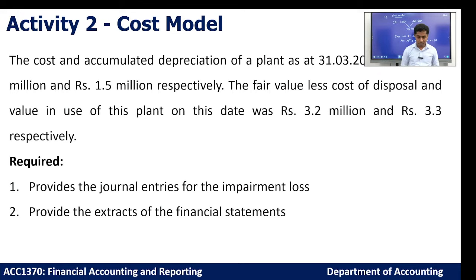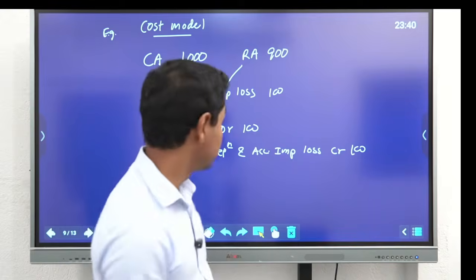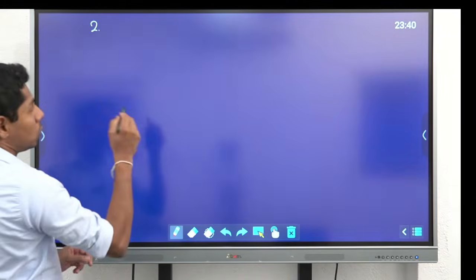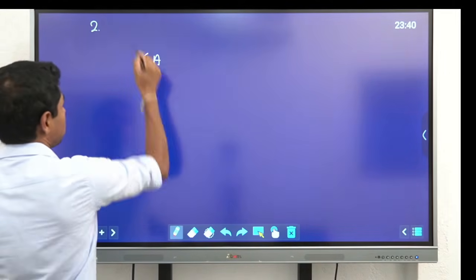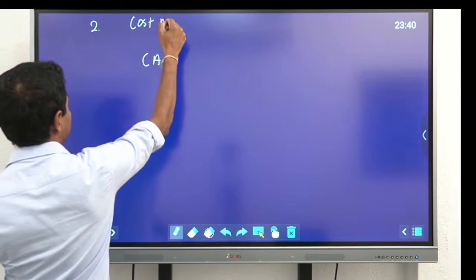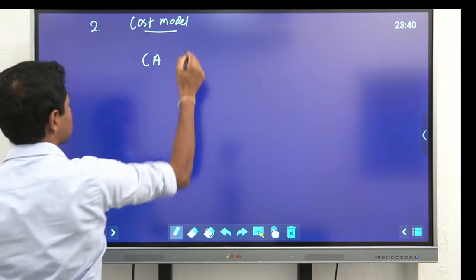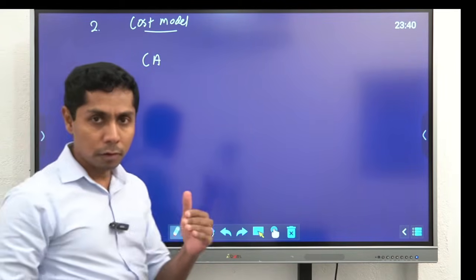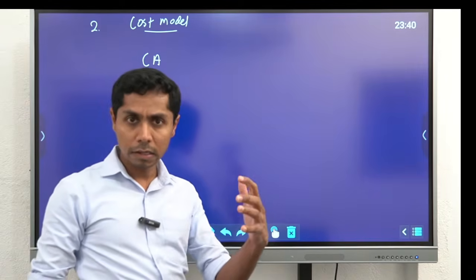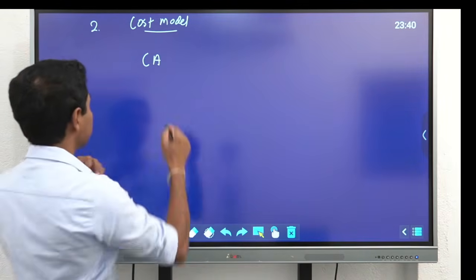Okay, let's do this quickly and let's substitute figures to our model. Activity 2, carrying amount. So we are still in the cost model. Now what is carrying amount for a depreciable asset? Cost less accumulated depreciation, right?